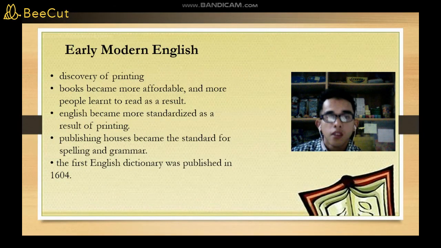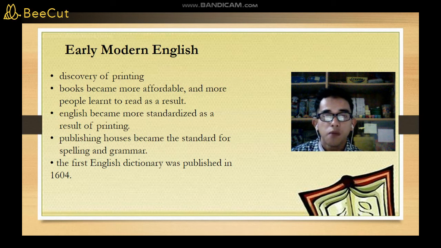During the early modern English period, printing was discovered. Books became more affordable, and because of that, more people learned to read. English became more standardized as a result of printing.